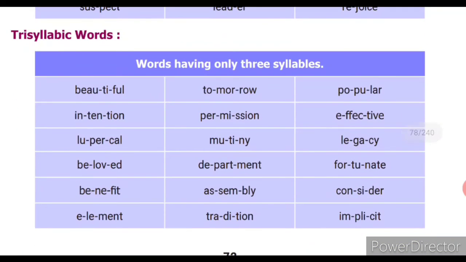Okay, so now let us see the trisyllabic words. Words having only three syllables. Which words have three syllables? Beautiful, beautiful. I spelled this word in the starting. Then tomorrow, tomorrow. Popular, intention, permission, effective, mutiny, lupercal, legacy, be-loved. Actually, be-loved.